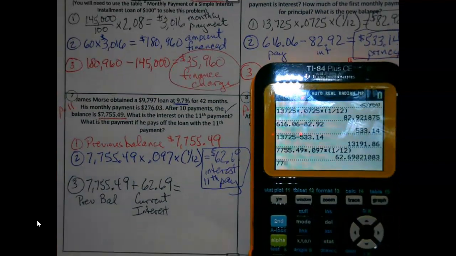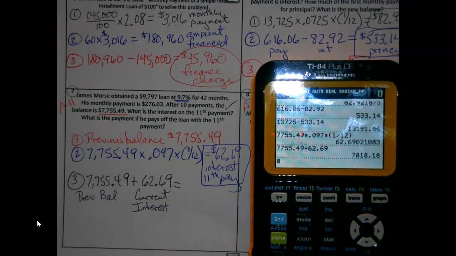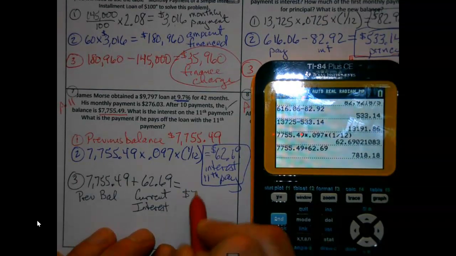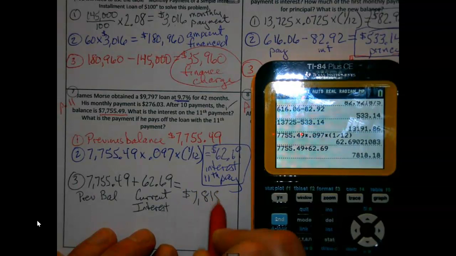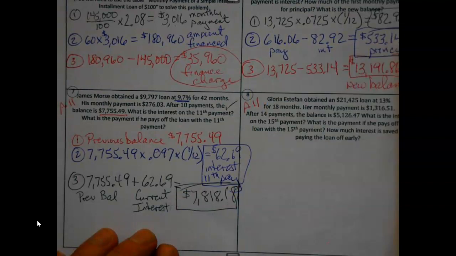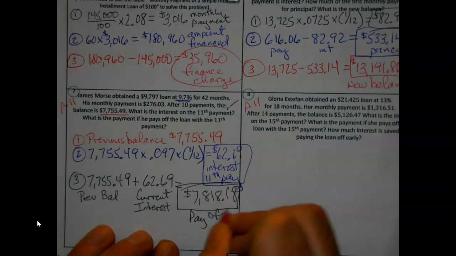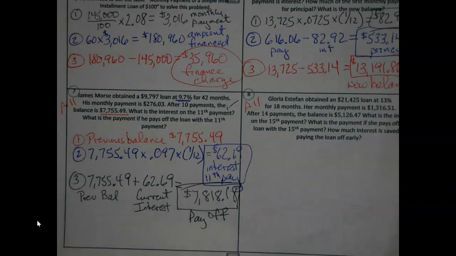So 77.55.49 plus a little extra interest. And that's how much I would pay if I just wanted to pay it off and be done with it. I would just pay the interest on that last month, and then everything else is done.